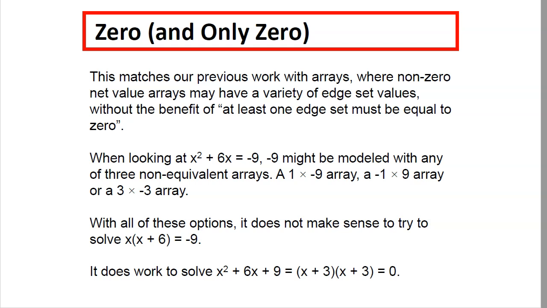With all of these options, it does not make sense to try to solve x times quantity x plus 6 equal to negative 9. It does work to solve x squared plus 6x plus 9, which is quantity x plus 3 times quantity x plus 3, equal to 0.